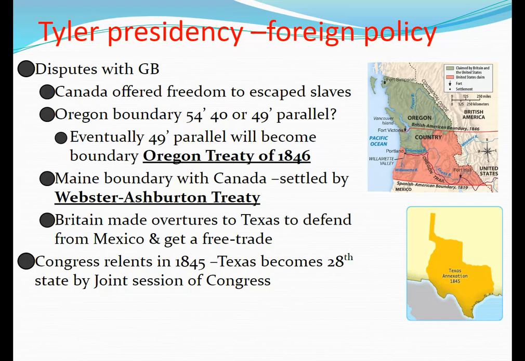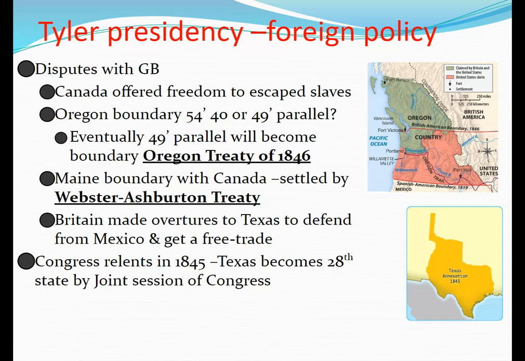So by 1846, and it'll be under James K. Polk that we'll see a finalization of this, there eventually will be a treaty that establishes what is today's current northern boundary, which is the 49th parallel.